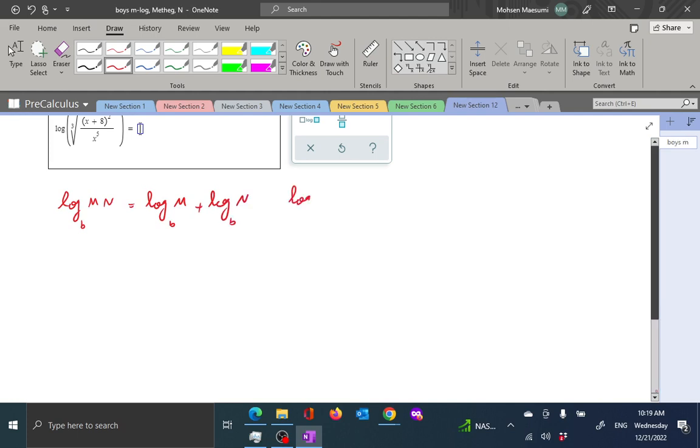If you had the ratio, it just turns into subtraction: logarithm of numerator minus the logarithm of denominator. If you had the power, that power becomes a multiple.